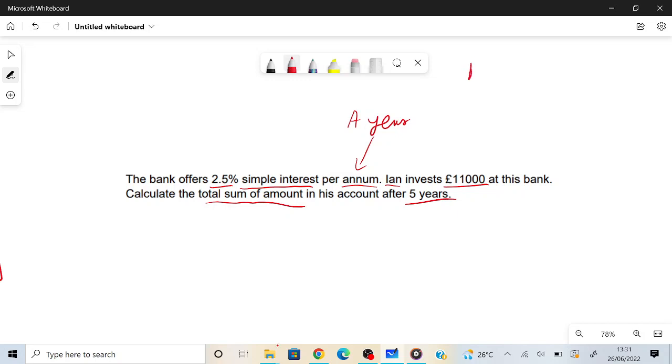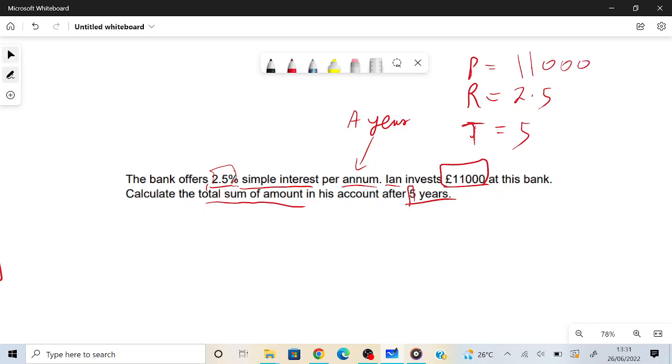So first things first, we need to get our P, our R, our T. Our T, anything to do with time or years, says 5, so that's our T. R, that's our percentage, or the rate at which money is invested, that's 2.5. And our P, the principal amount, or the amount invested, that's £11,000.